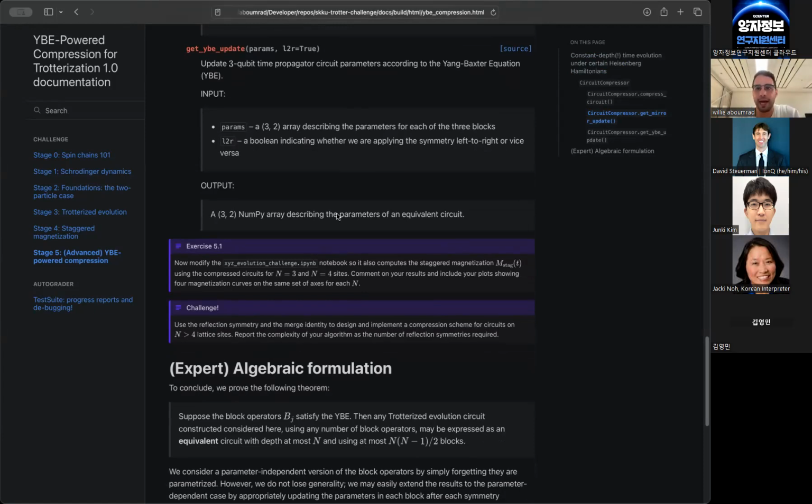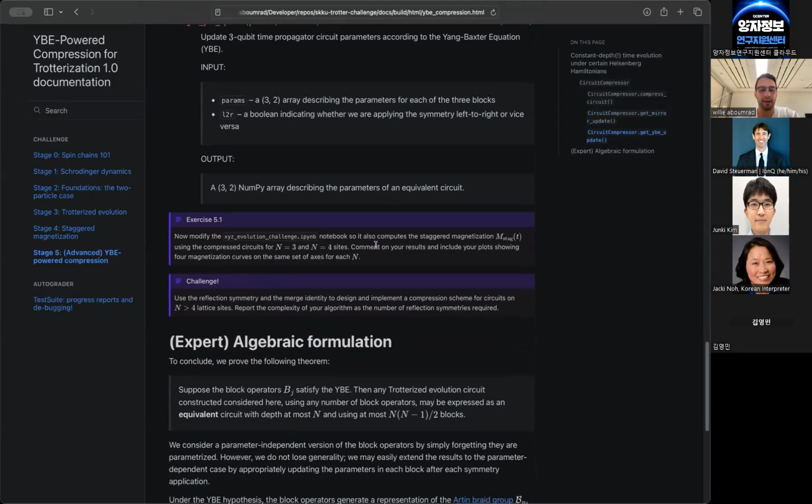Let me now show the results, and for the last bit, I'll come back to this screen to talk about this algebraic formulation, because there's some very nice mathematics under the hood here that basically tell you how far you can compress down your circuit, or what's the limit, the depth for which any circuit compression scheme would have to have, right?